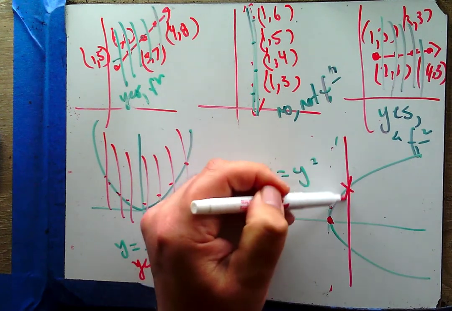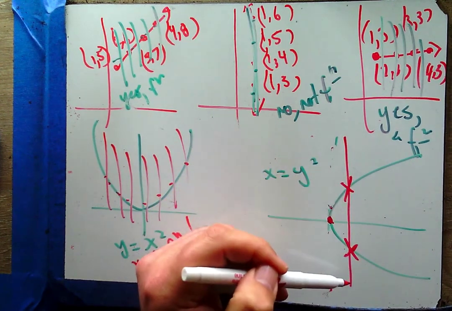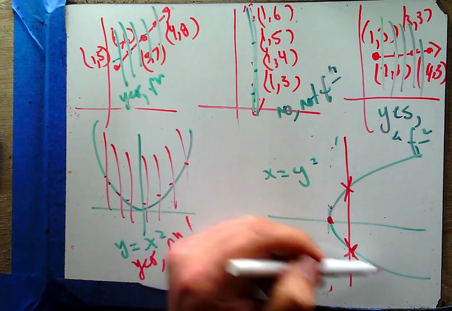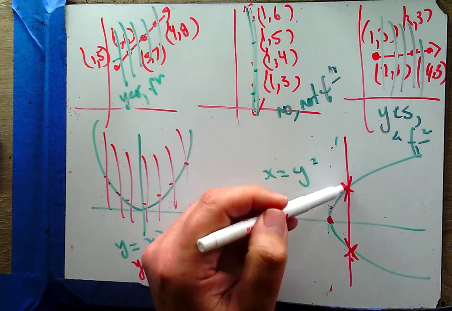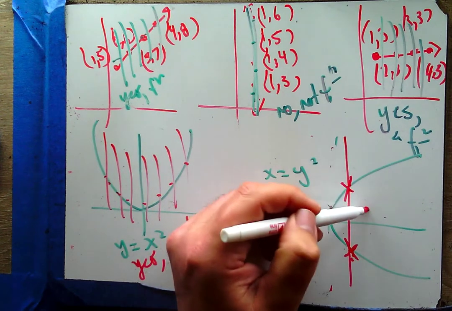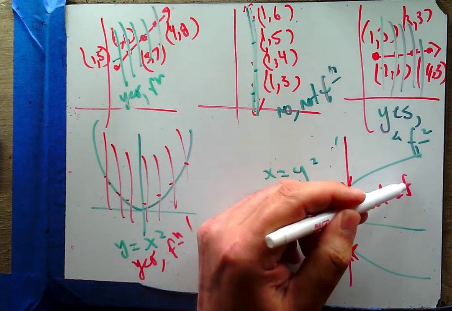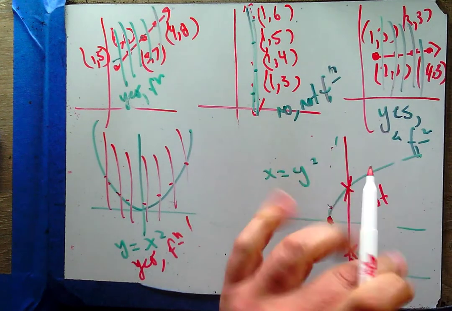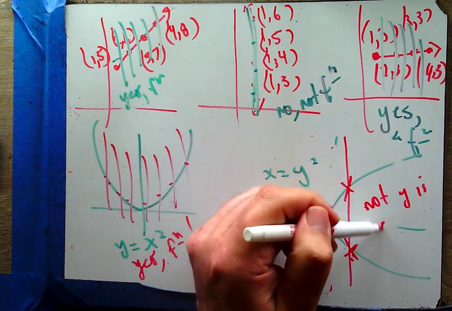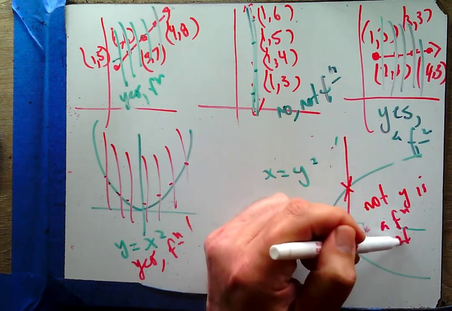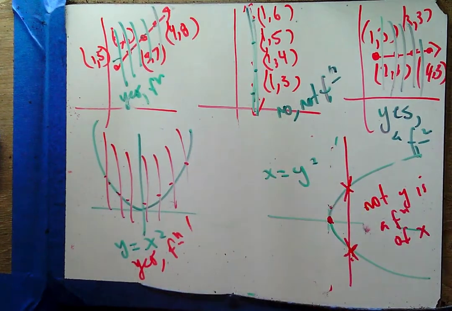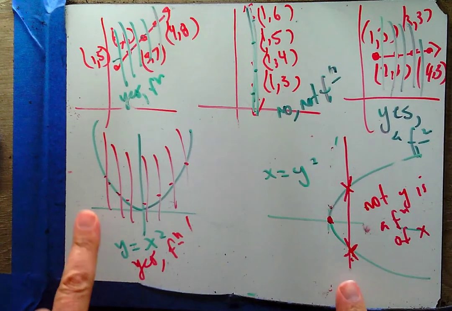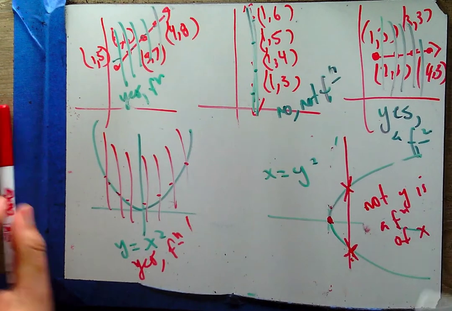It says, can you draw a line anywhere where you cross the relation's graph more than once? Yeah, I got that here. And so this is not a function. y is not a function of x. Vertical line test shows me clearly whether something is or is not a function.